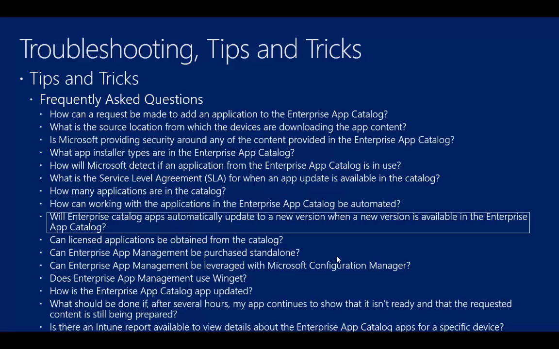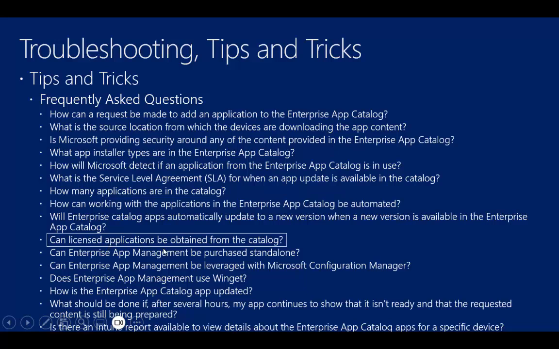And the answer is no, right? So, already split the hair between if the vendor supports self-updating of the app, then that's not going to come from the Enterprise App Catalog. If a new version does show up in the Enterprise App Catalog, you will need to deploy it across your environment like you did the first time.